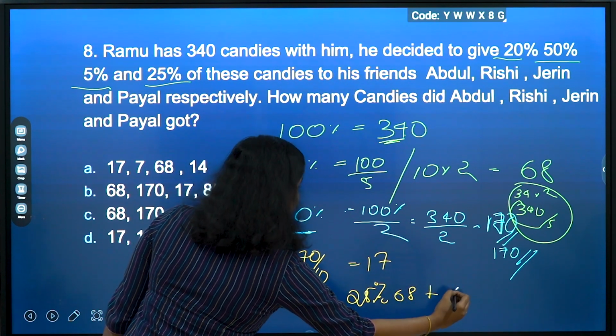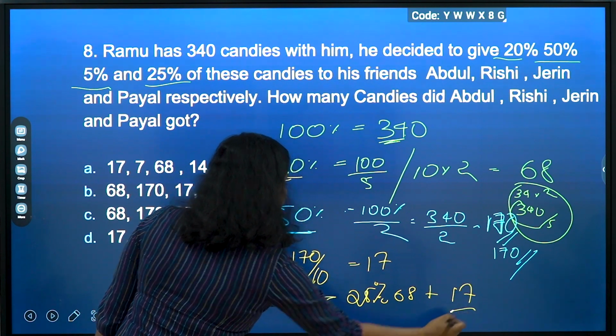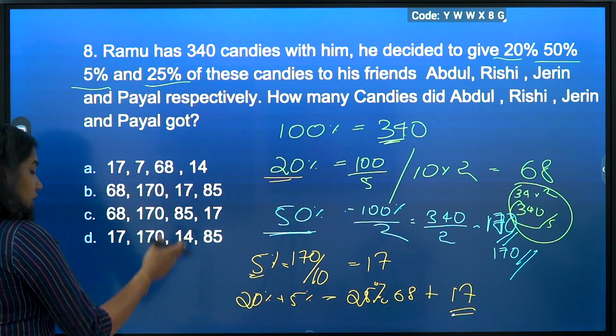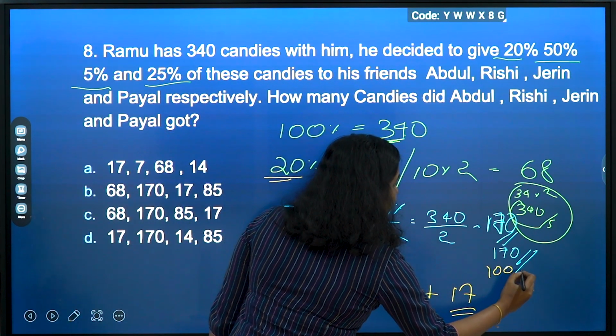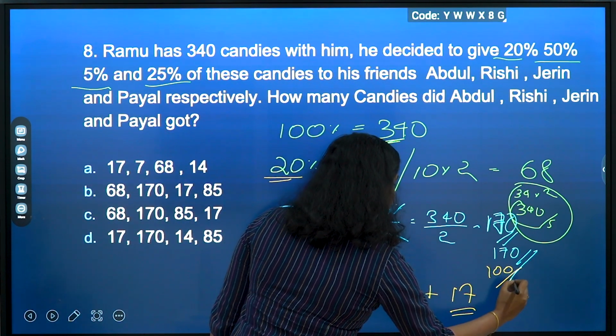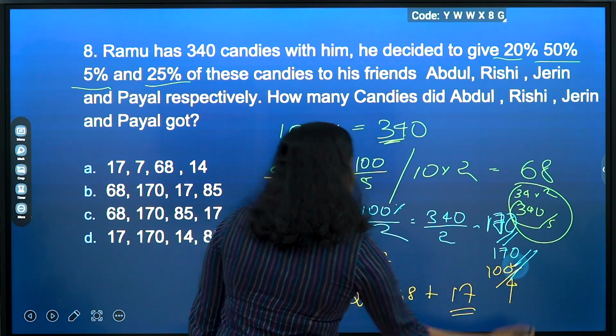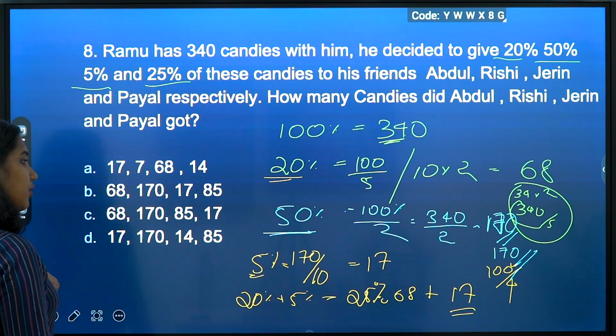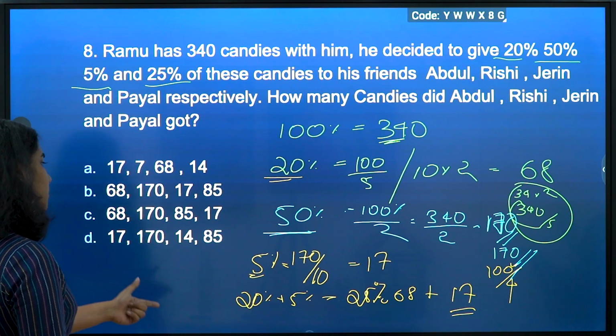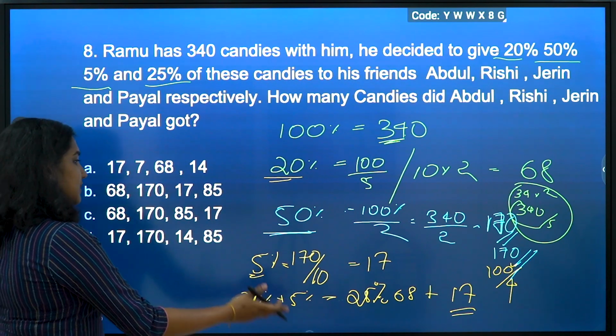Okay, this will also give you 25%, or 100% divided by 4. So for 340, either you can do 340 divided by 4 or you can add this 68 plus 17.